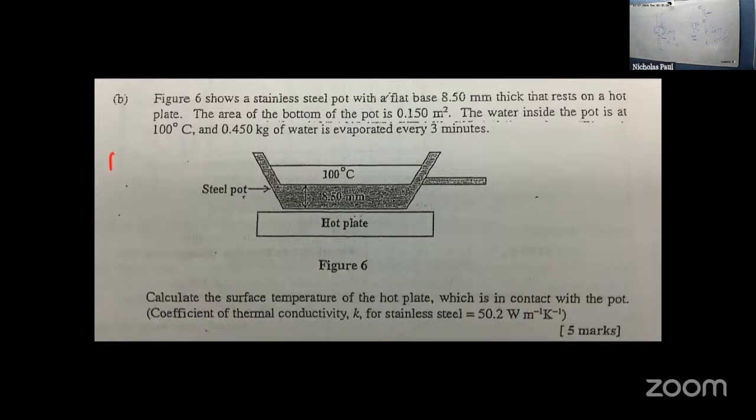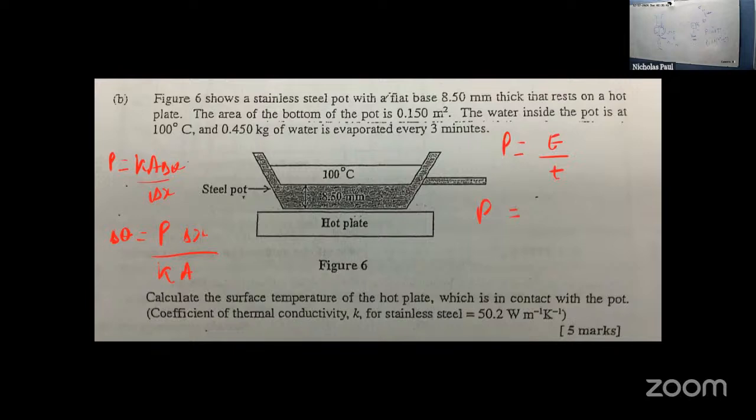So P is equal to K A delta theta over delta X. So temperature change is equal to power times thickness all over K A. So you want to get power first, which is energy over time.